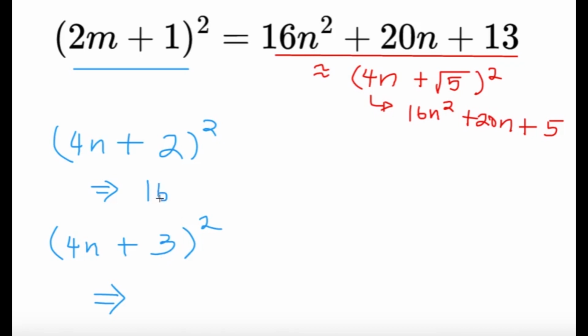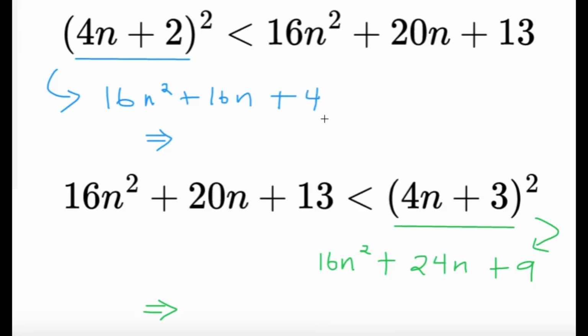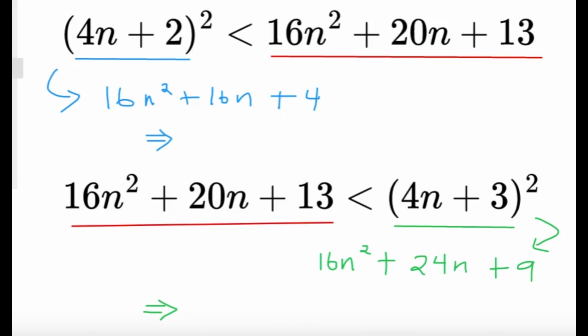I tried to compare this expression with these two perfect squares, and I found something very interesting. I tried to sandwich the expression 16n squared plus 20n plus 13 between two perfect squares.